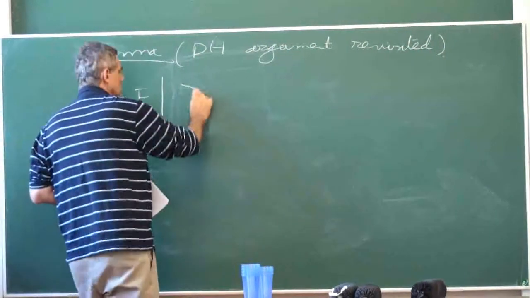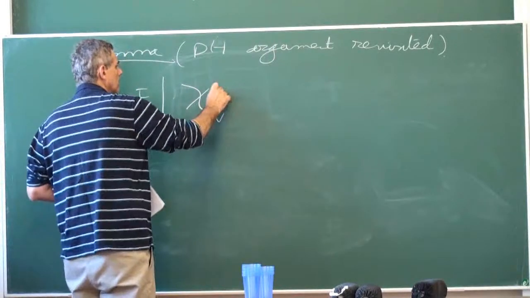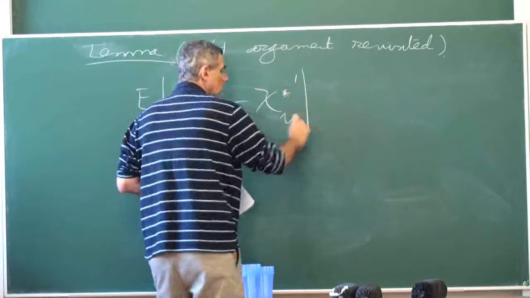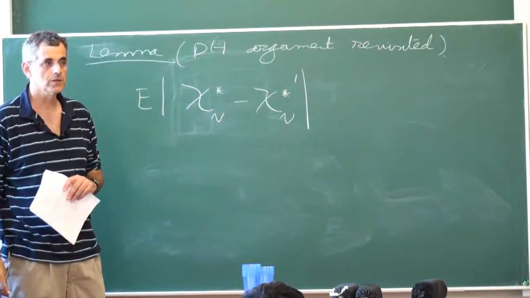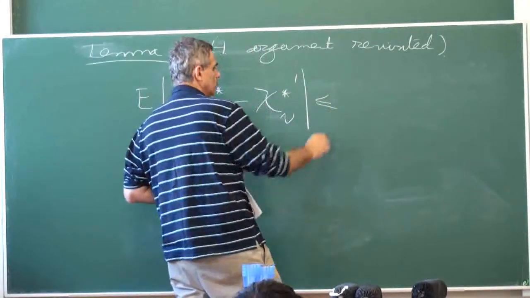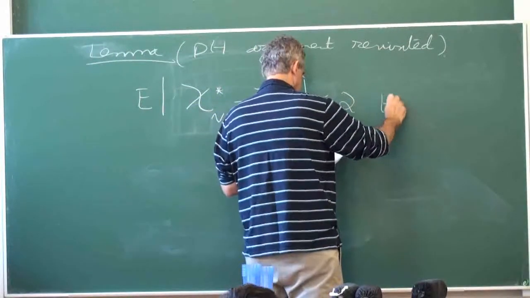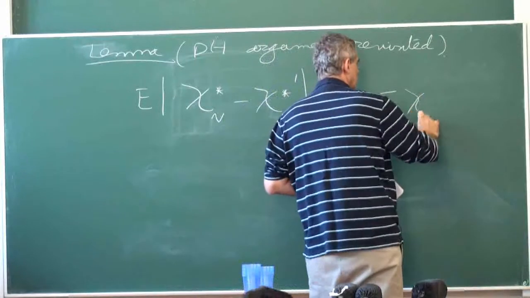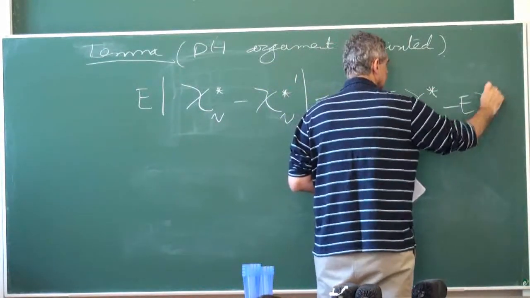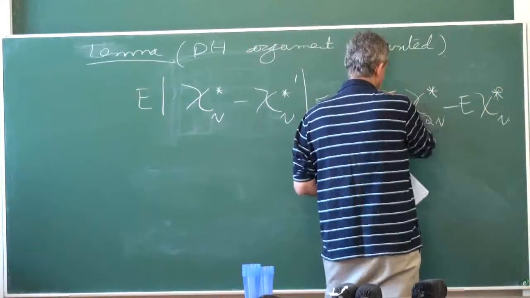The expectation of the maximum of two independent copies of the Gaussian free field is less than or equal to twice the expectation of that.